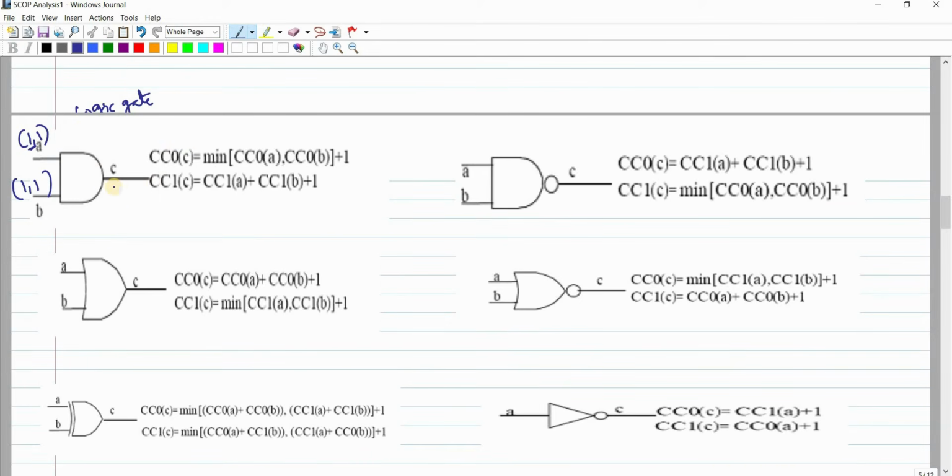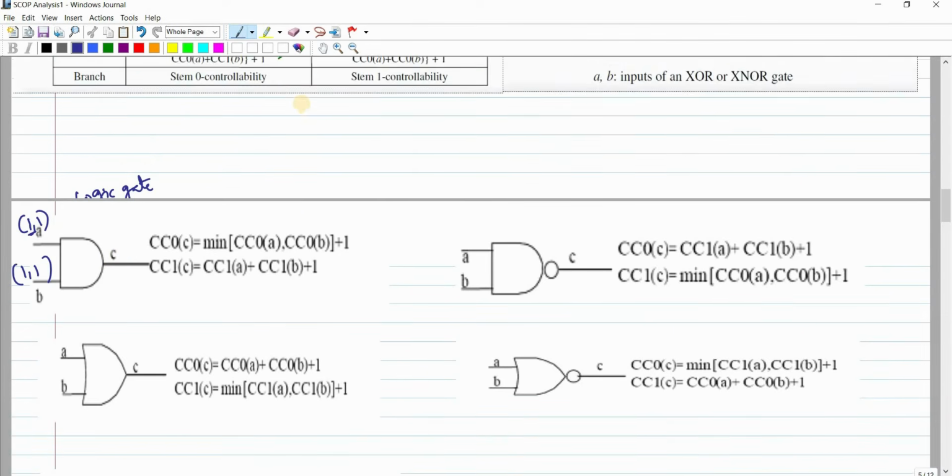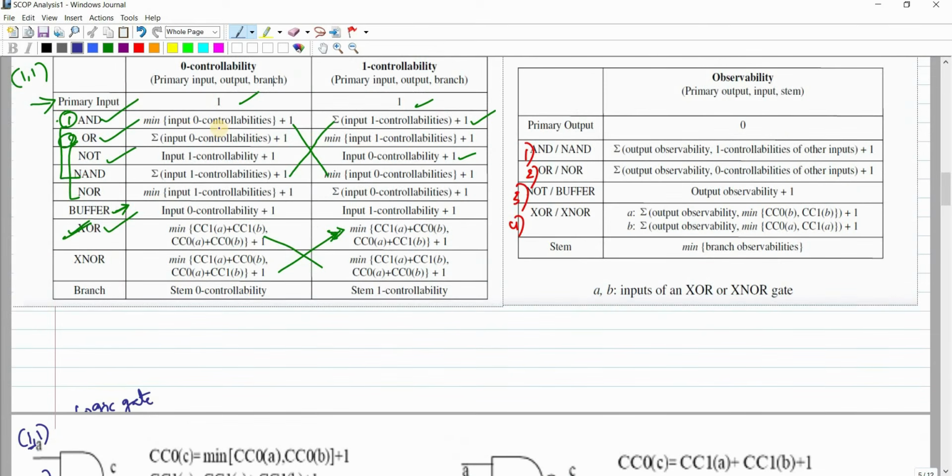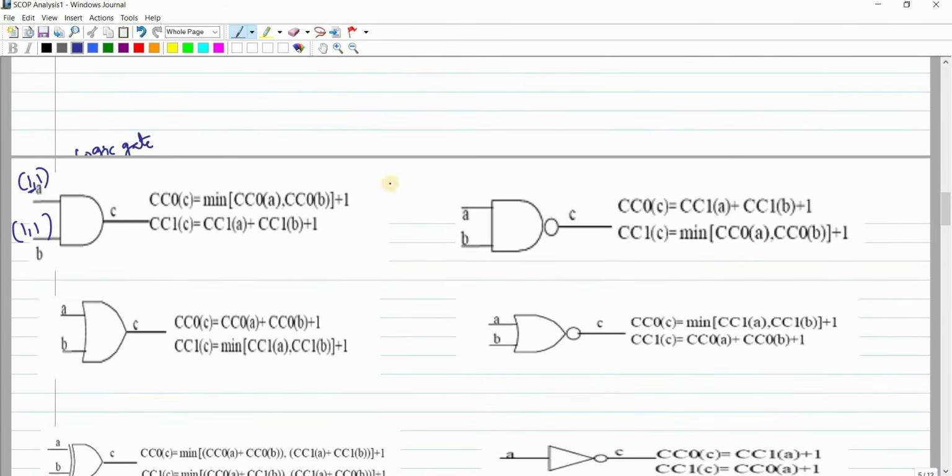After that, if I want to find the combinational 0 controllability and combinational 1 controllability at C, I will simply see the formula. What is the formula for the AND gate? For 0 controllability, it is the minimum of the input 0 controllabilities plus 1. For 1 controllability, it is the sum of the input 1 controllabilities plus 1. So if I want to find CC0 of C, what is my formula?